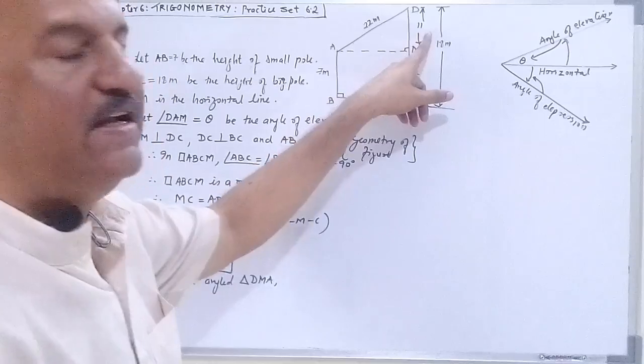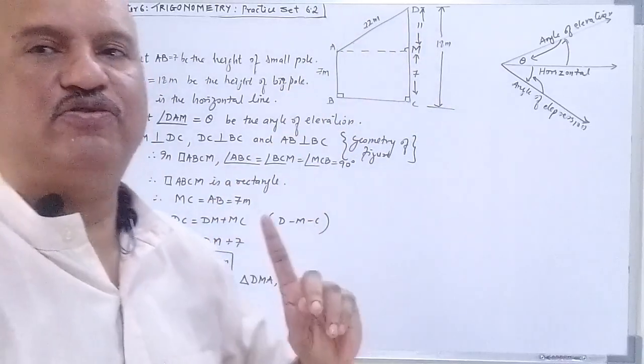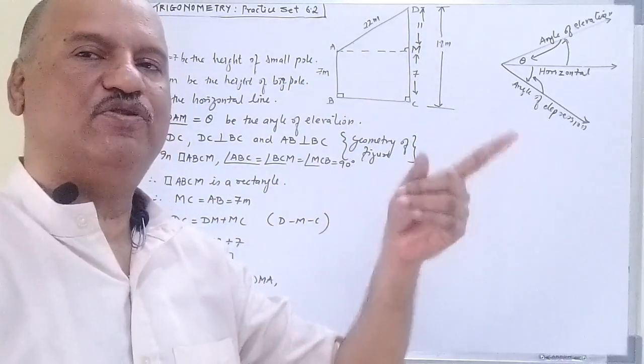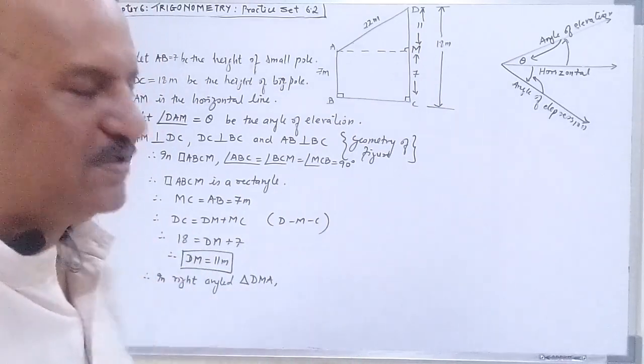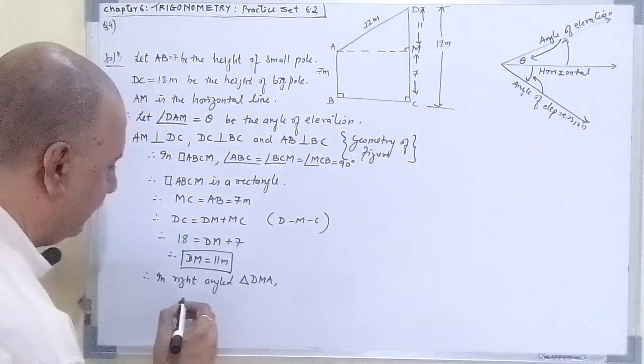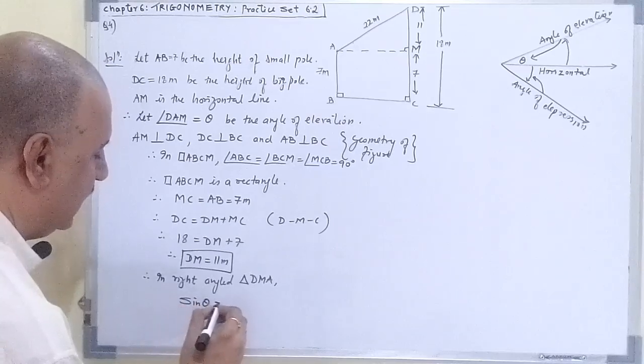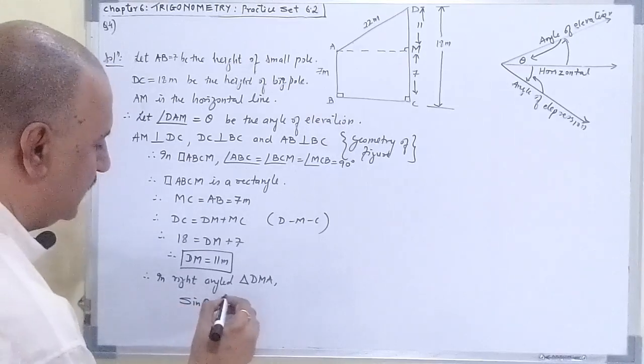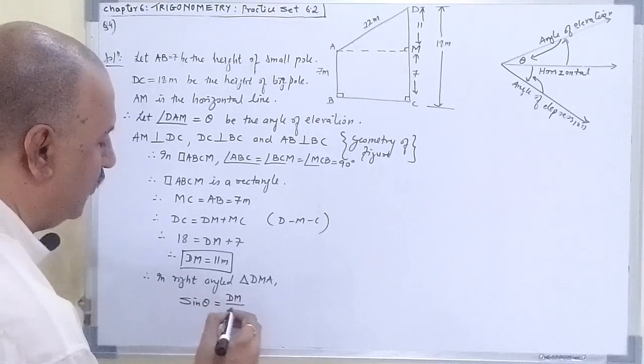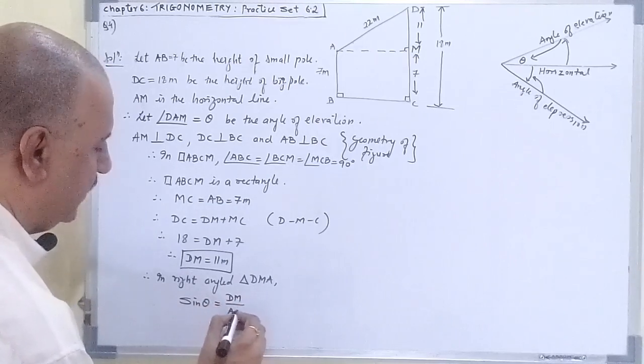We know opposite side and we know hypotenuse side. So, what is the ratio of opposite upon hypotenuse? Therefore, sin theta is DM upon AD.